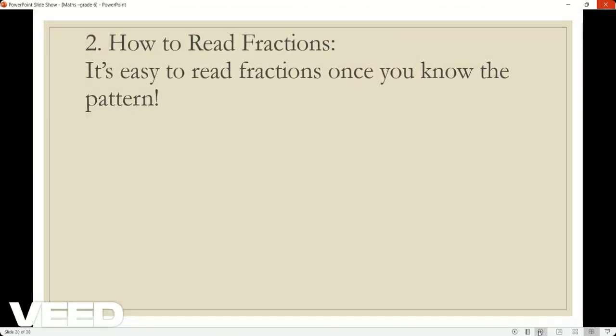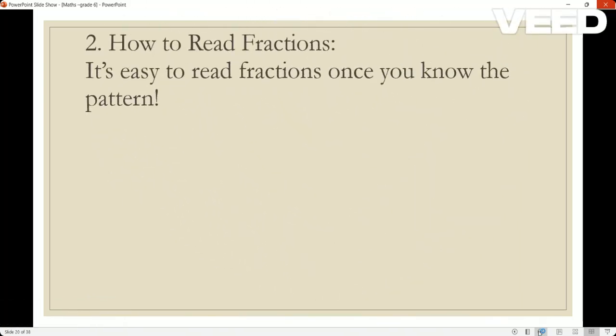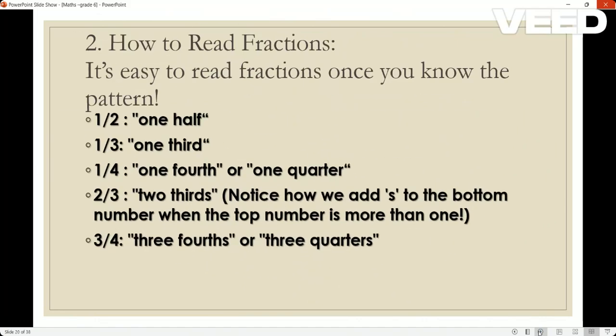How to read fractions. Now we are going to learn how to read fractions. Okay, now let's see. The first one is one half. The second one is one third, then one fourth or one quarter. Then the fourth one, two thirds.